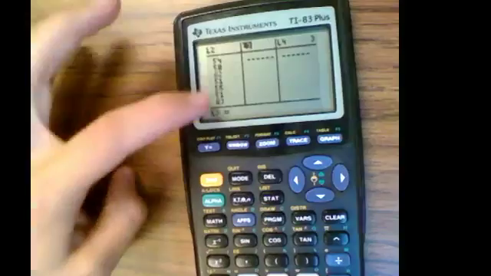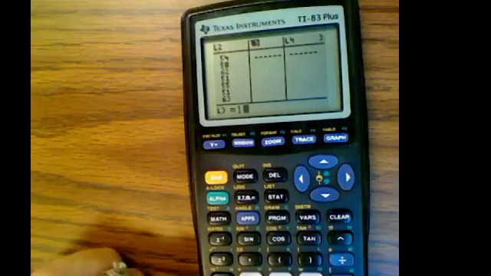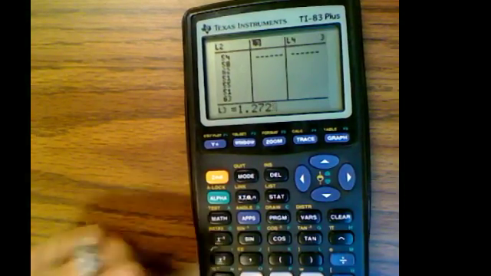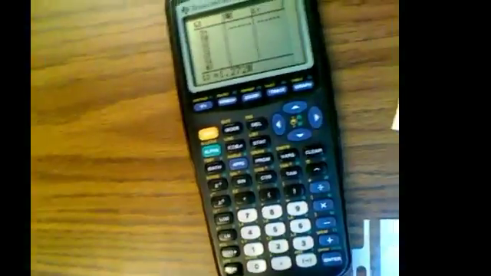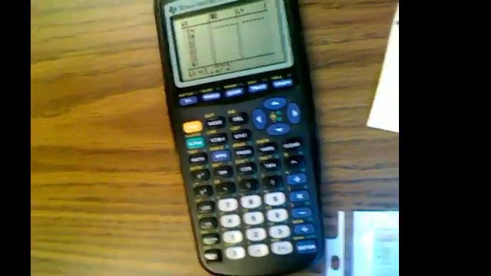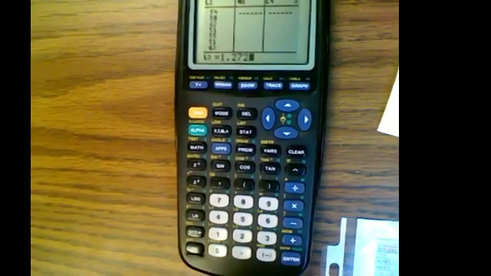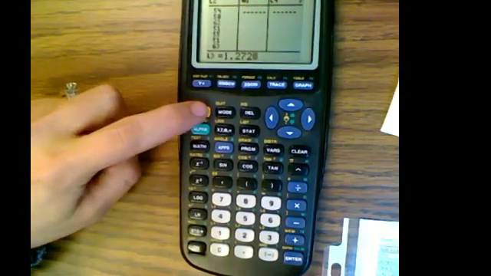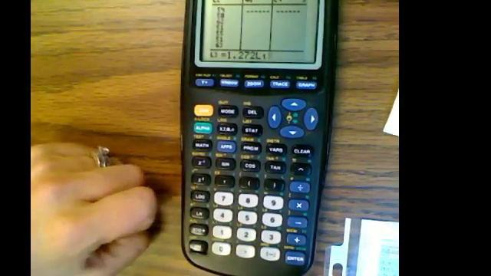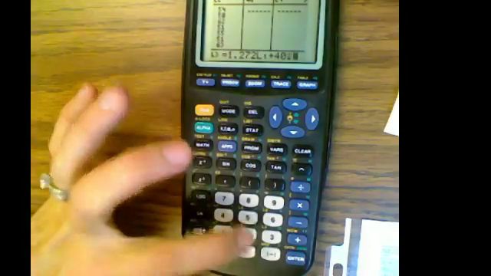After I have L3 highlighted, I'm going to type 1.272, and I'm going to move this up just a little bit so you can see the whole calculator. Sorry, I'm holding it up so that you can see the whole thing. Instead of x, I'm going to put in the list my x values are in, which is L1. So I'm going to do second 1, plus the 40.515.